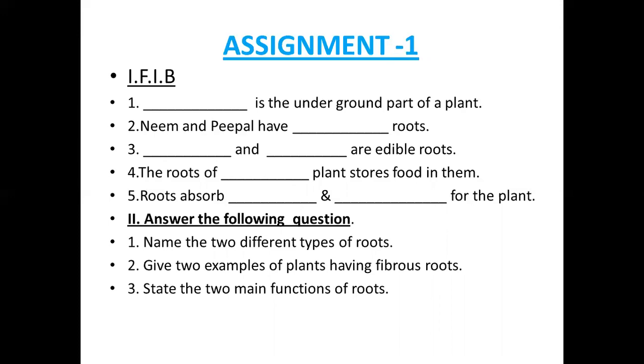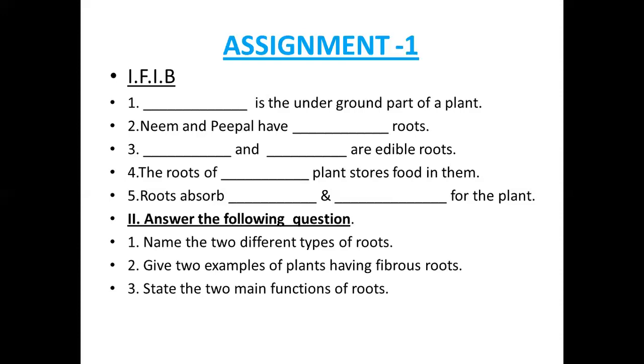And third one is dash and dash are edible roots. Edible means it is nothing but eatables. So we can eat these roots directly uncooked. These are called edible roots, and for these edible roots we have to write the examples. Both cooked and uncooked we can eat these roots.